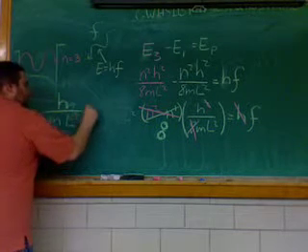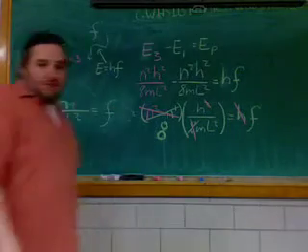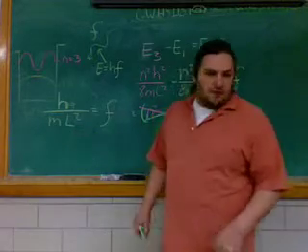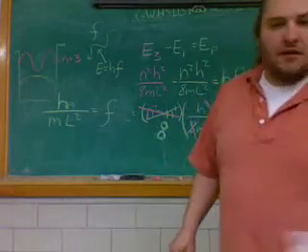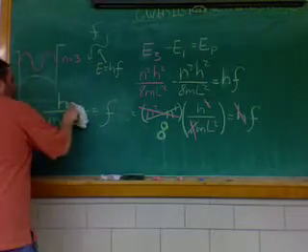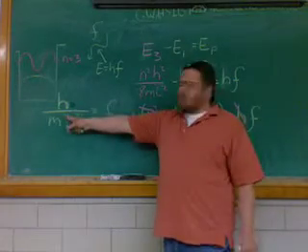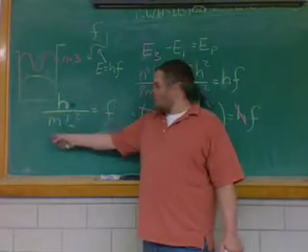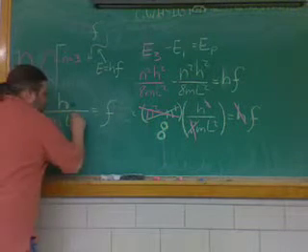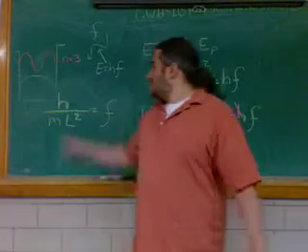Let me see if I can get rid of that for you. I've got the Planck constant divided by the mass of the electron times the length of my square well squared, this length that was in the picture, is equal to the frequency of my light. That's simple.